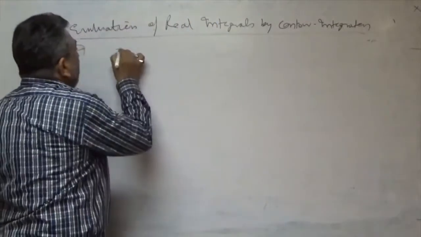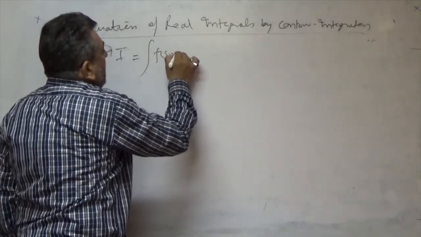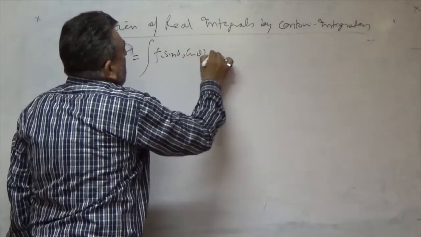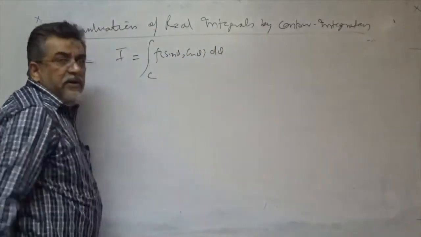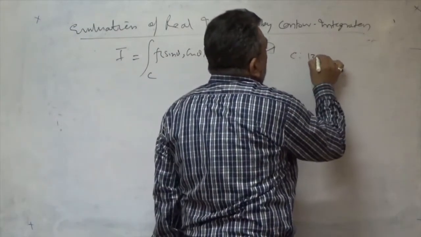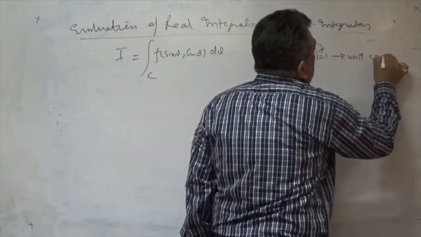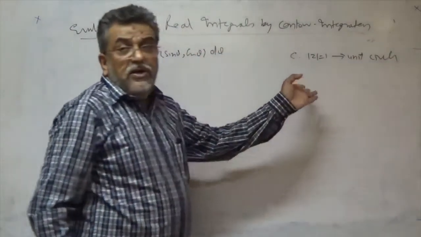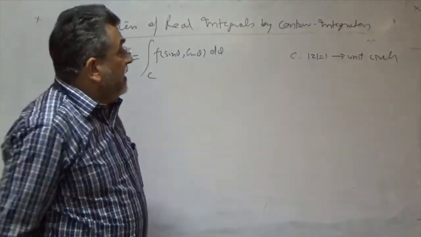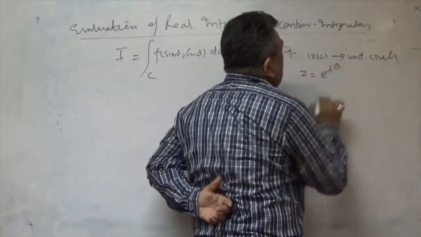Like that, if we have the integral like that, function of sine theta, cos theta, and d theta in C. And here we basically use mod z equal to 1, that is unit circle with center 0 and radius 1, and those can be converted into the polar form e to the power I theta, you know that.